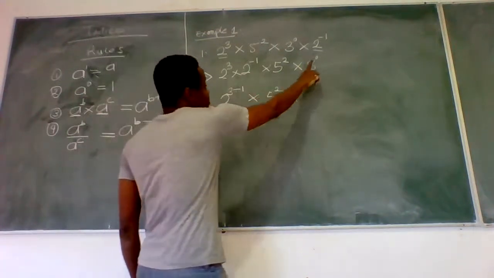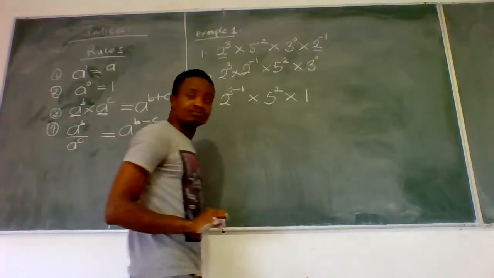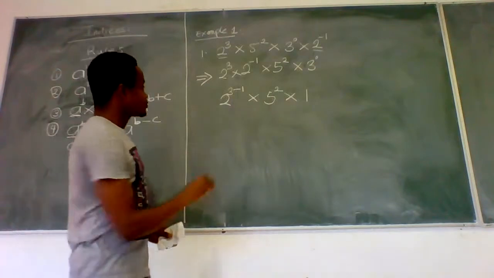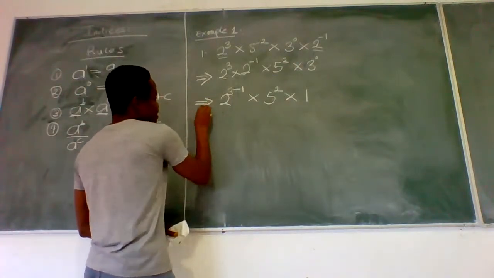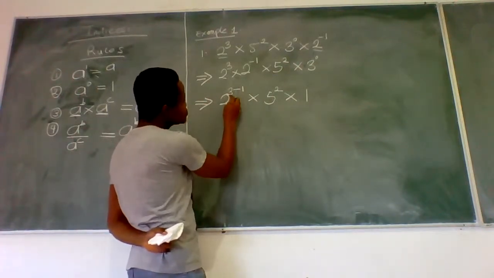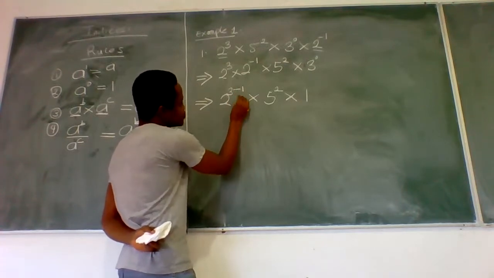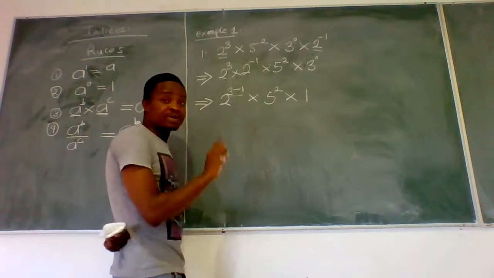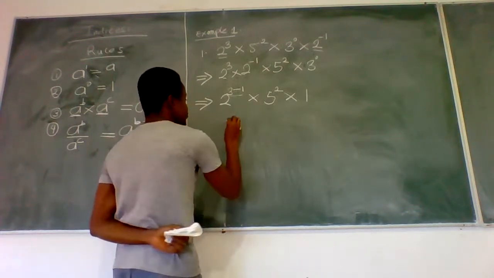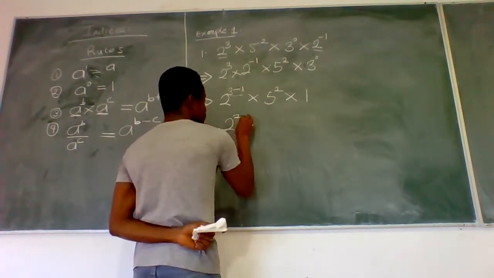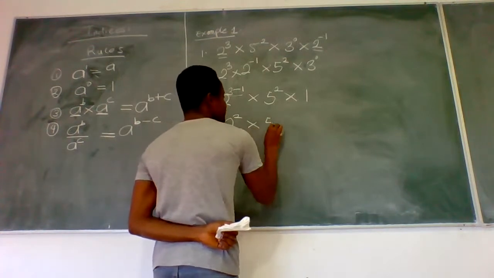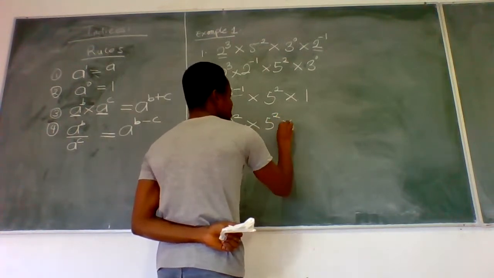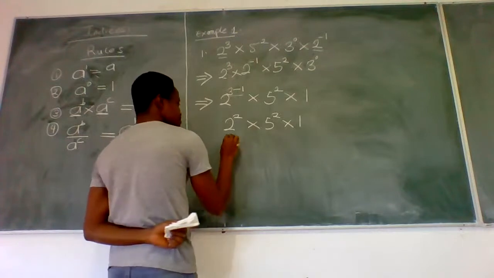So this one is simply 1. Now, let's simplify it further. So you have 2 exponent 3 minus 1, which is 2. So we have 2 exponent 2 times 5 exponent 2 times 1. 2 exponent 2 is 4.